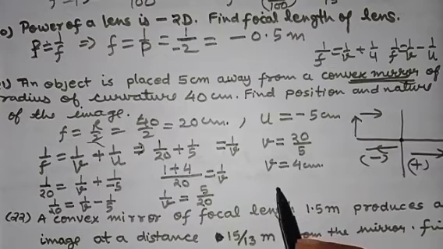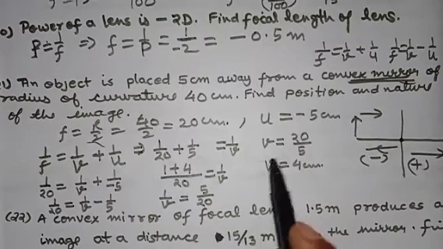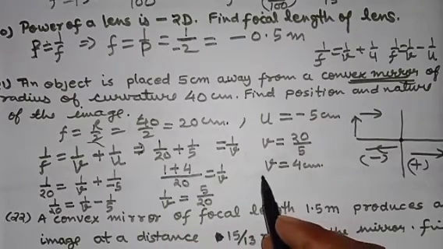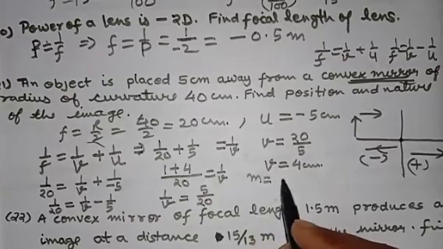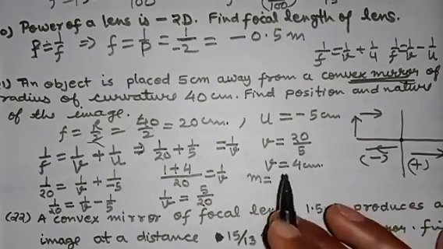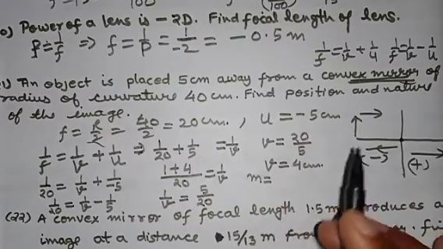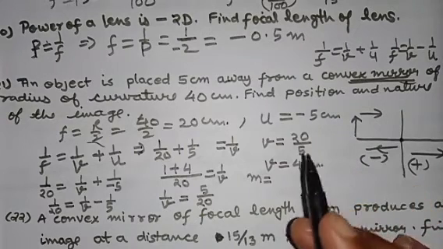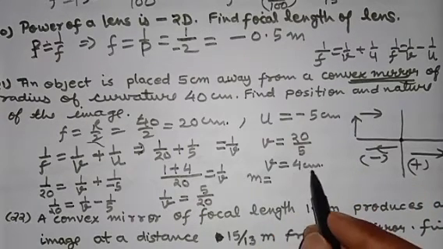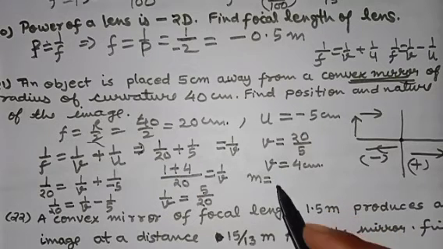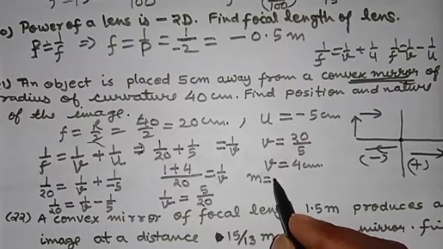Now see, my criterion to know about the nature is that we just have to calculate m. This is my criterion to tell about the nature. So from here we can tell about the nature, but with one more step we will be sure about it. So m is minus v upon u for a mirror.